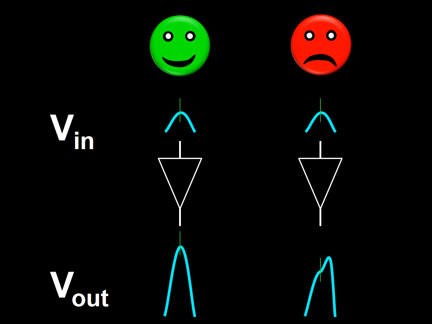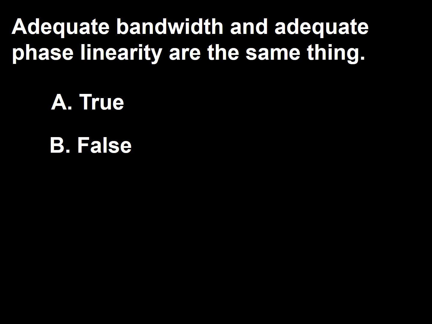A differential amplifier with bad phase linearity increases the amplitude of the different periods of a wave by different factors, thus distorting the shape of the wave. So the answer to this question is false.